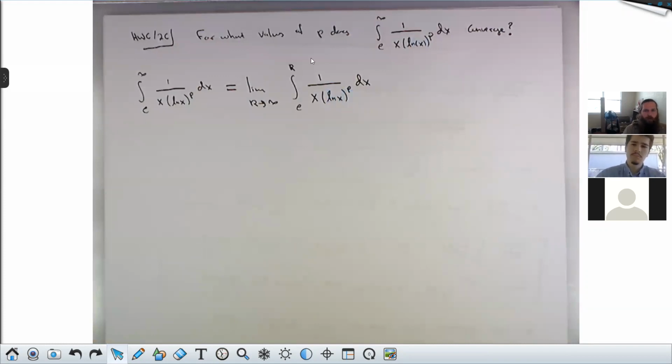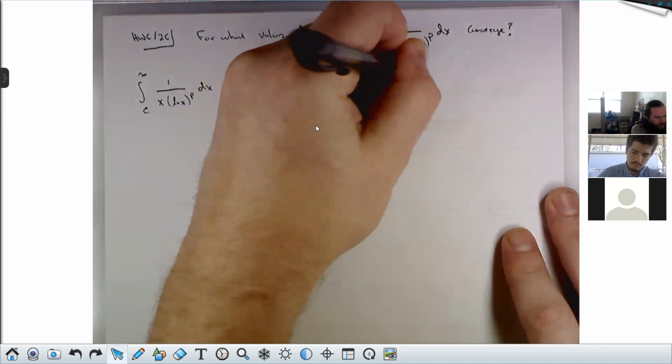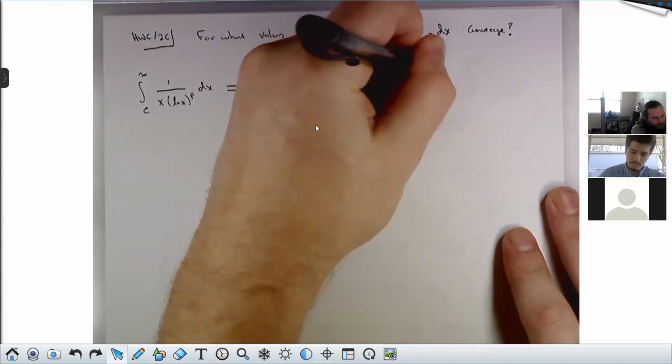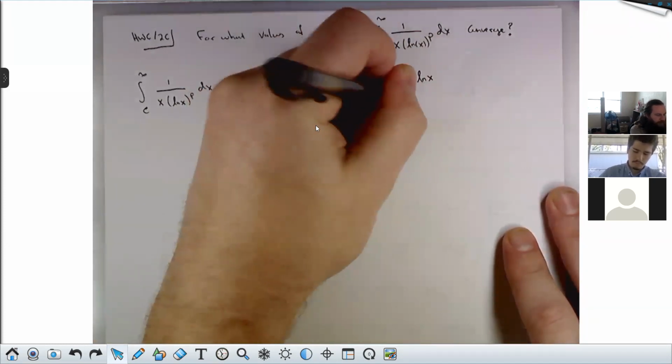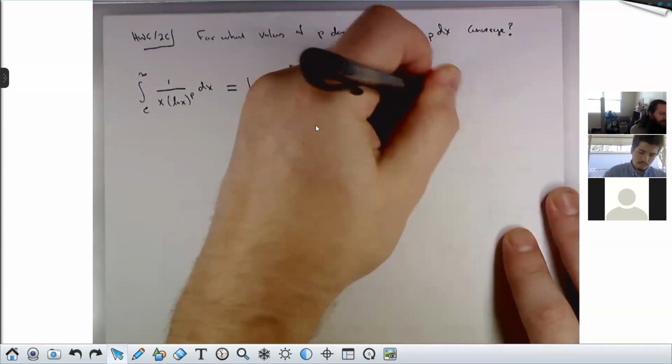The move to solving this integral is a substitution, right? I've got a 1 over x here, which is the derivative of ln x. So I'm going to make the substitution u or z equals ln x, because then du is 1 over x dx.